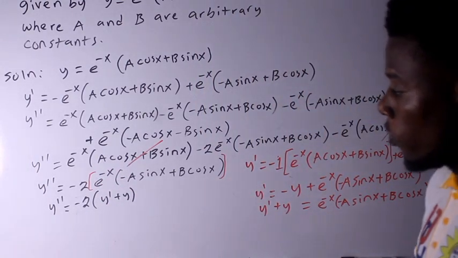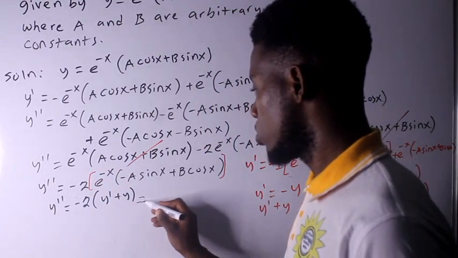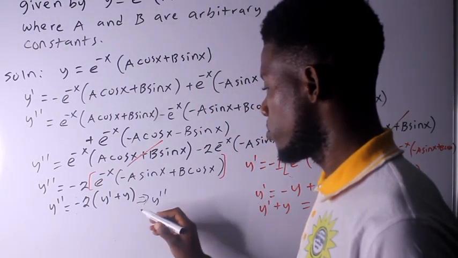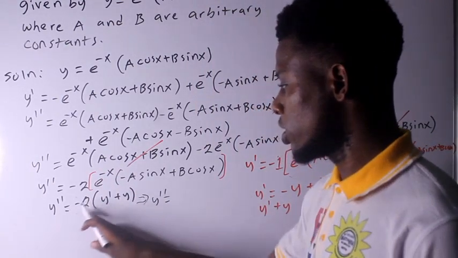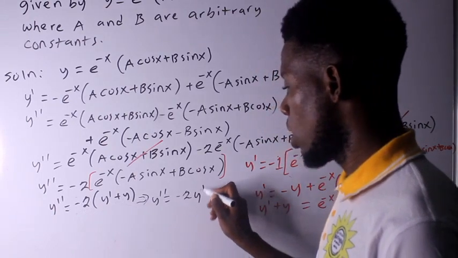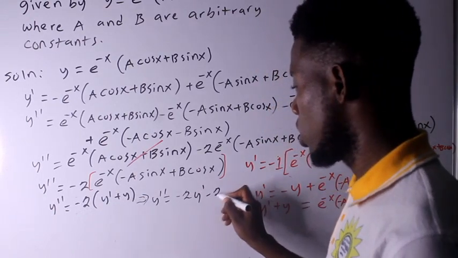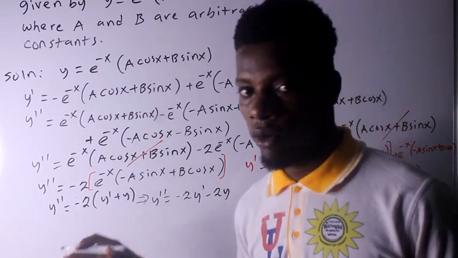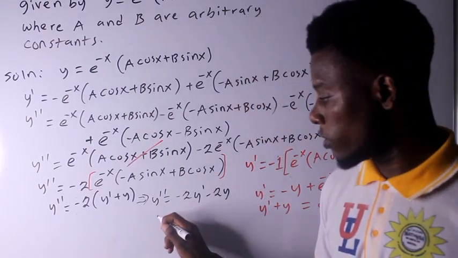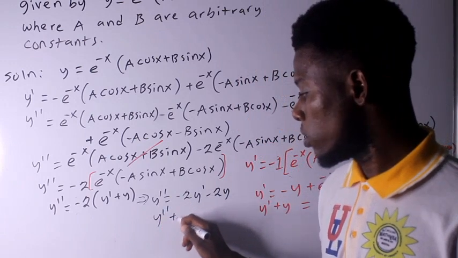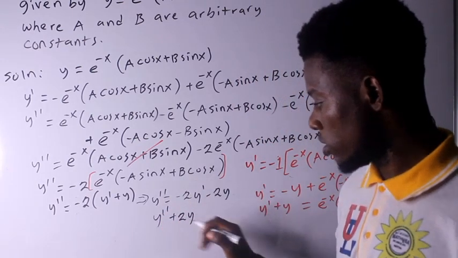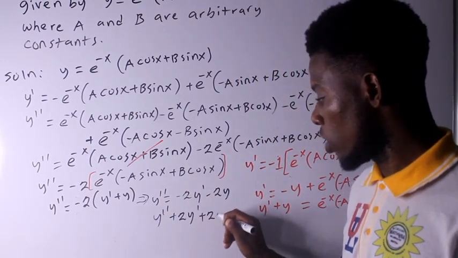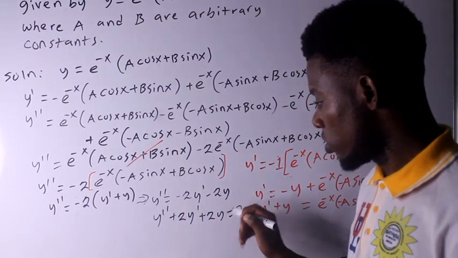So we can just move on and do the multiplication. So we have y prime prime equals, this time this is minus 2y prime, this time this is minus 2y. And then to put this equation in a general form, we can send all of these across. So we have y prime prime plus 2y prime plus 2y equal to 0.